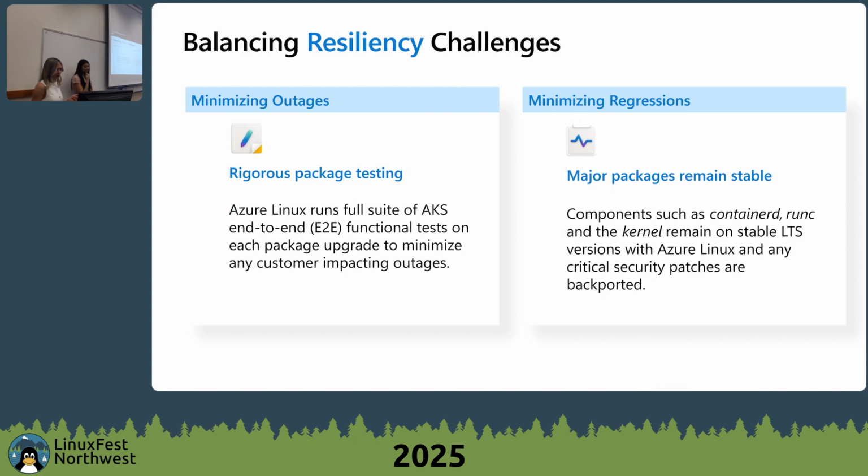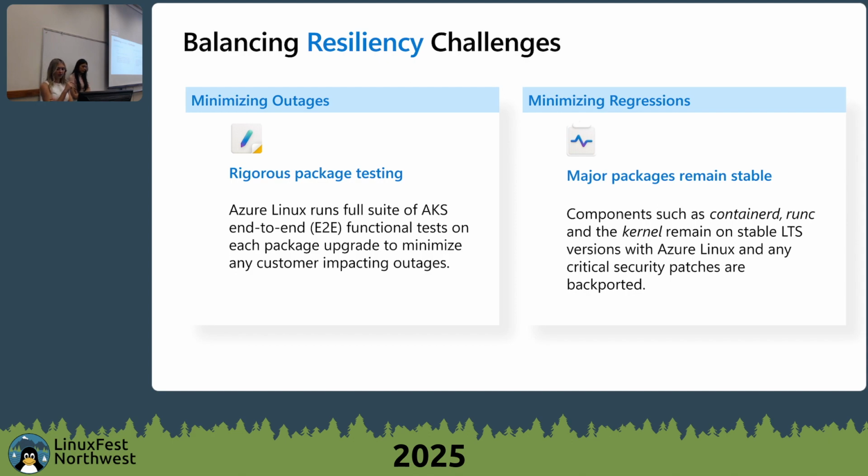Earlier, I discussed the operational challenge we're facing of package versioning. A decision that we've made is that for the life cycle of an Azure Linux major version, which has historically been about 3 years, we opt not to update the major versions of the critical components of the distro.